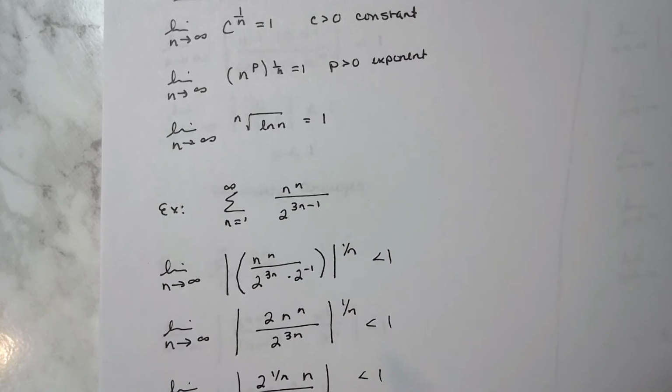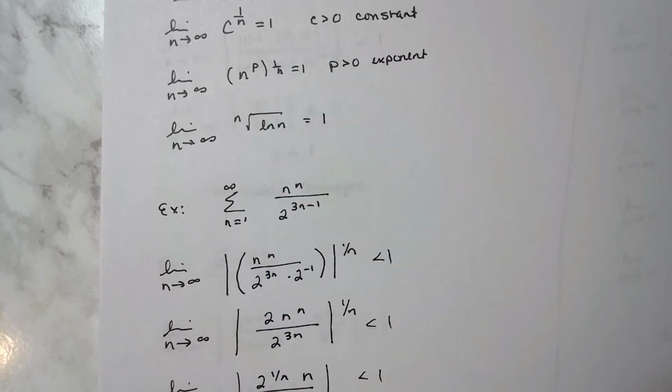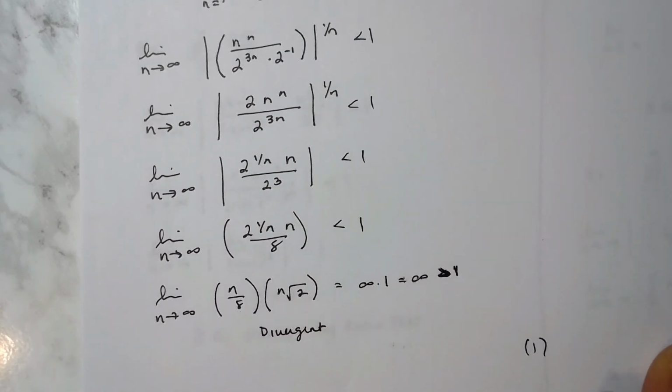What we can think of this as is n over 8 times the nth root of 2. And using this little fun fact here, if I take the limit of this thing, it's a 1. If I take the limit of this, I get infinity. And infinity times 1 is infinity. And that's bigger than 1, so I would say, oops, sorry about that, I would say that this diverges.